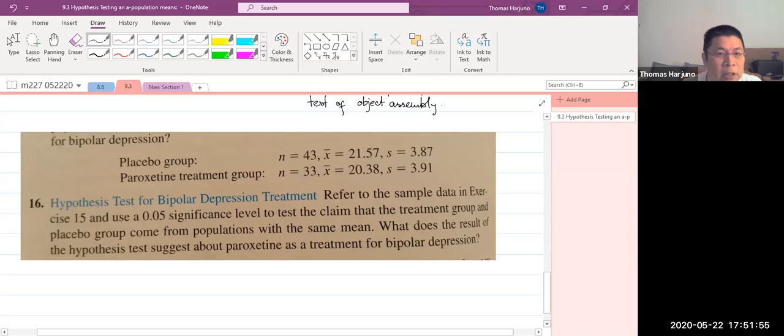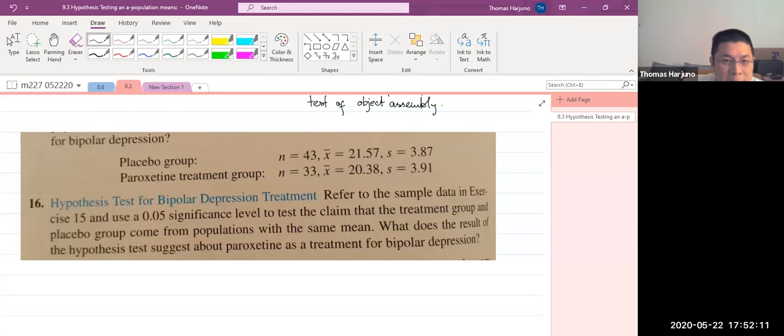So, hypothesis test for bipolar depression treatment. Refer to sample data in exercise 15, that's right above that. Use 5% significance level to test the claim that the treatment group and placebo group come from populations with the same mean.